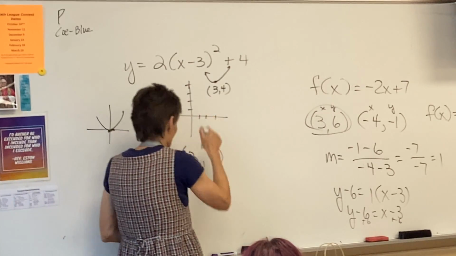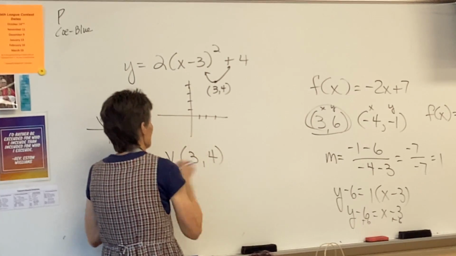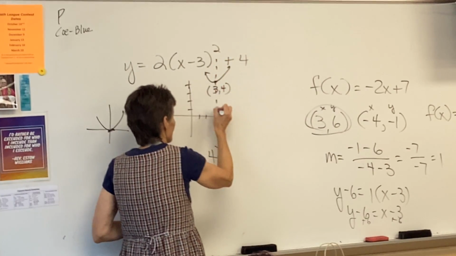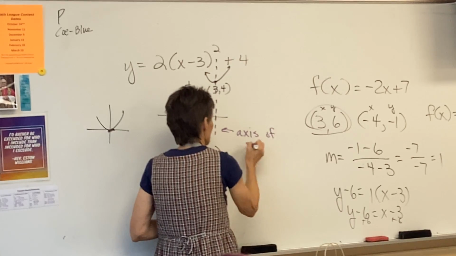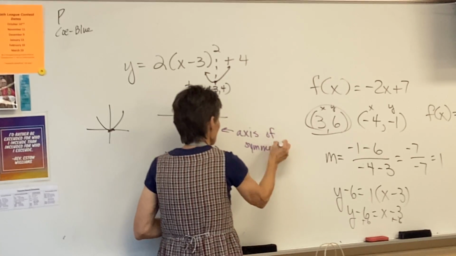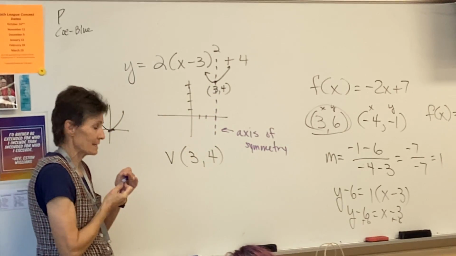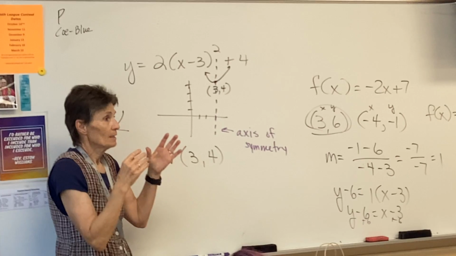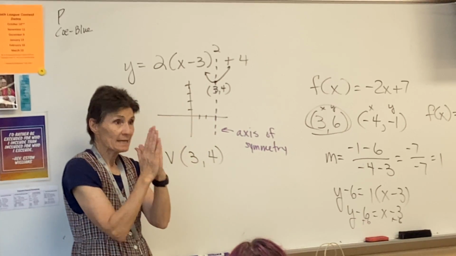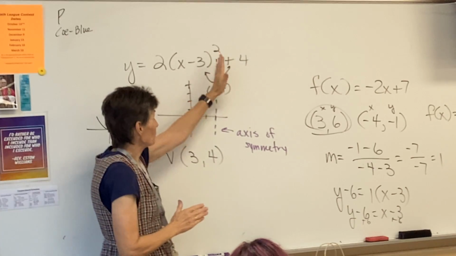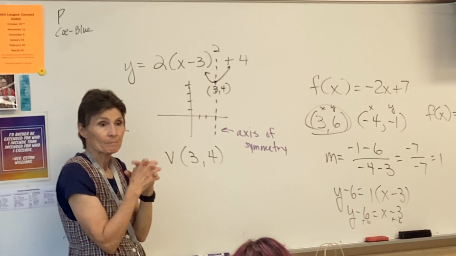Now, this line right here is called the axis of symmetry. Have you heard that vocabulary? What that simply means is, if I could cut this out and fold it in half, that would be the crease of folding it in half.